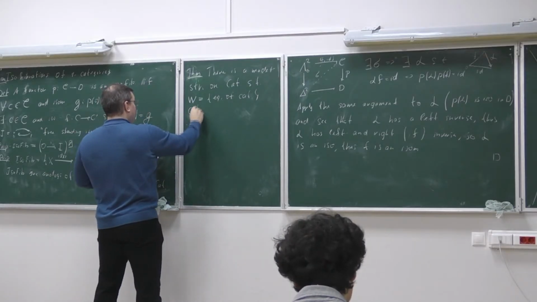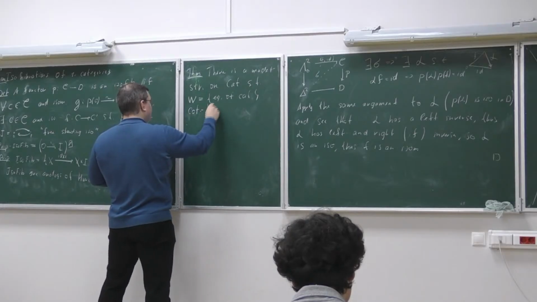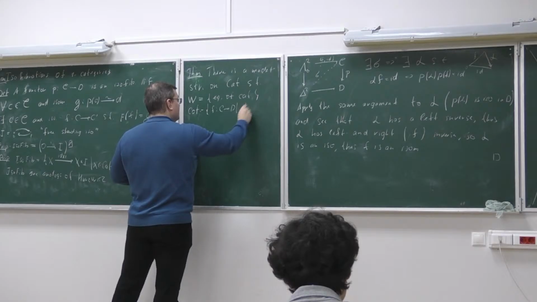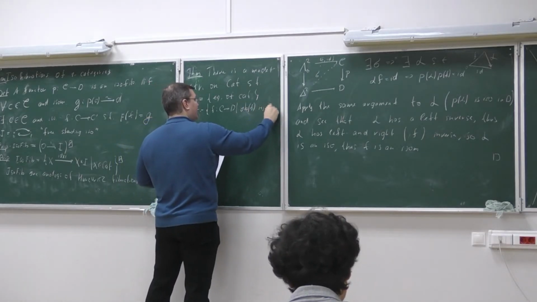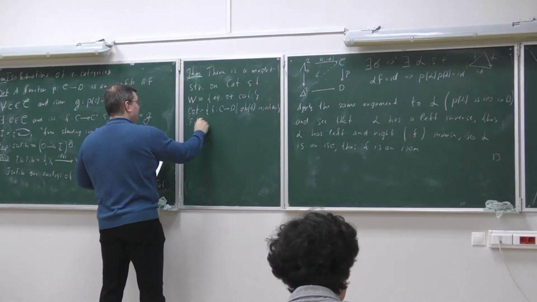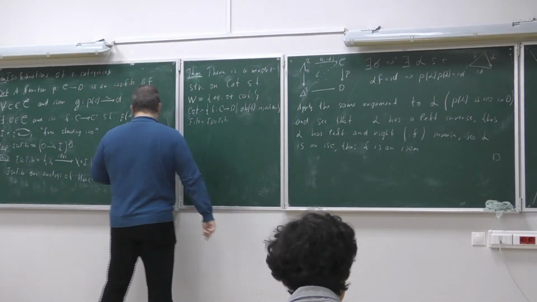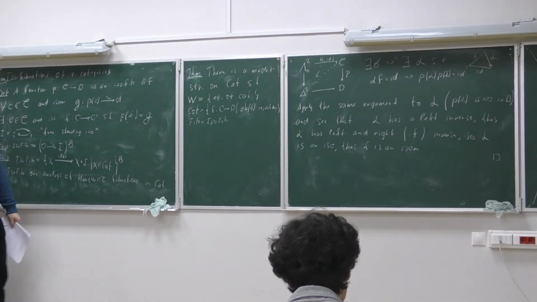Cofibrations are defined in such a way that these are functors C to D such that on the objects, this functor is injective. And finally, fibrations are isofibrations. So this is, in some sense, a natural model structure on the category of small categories.